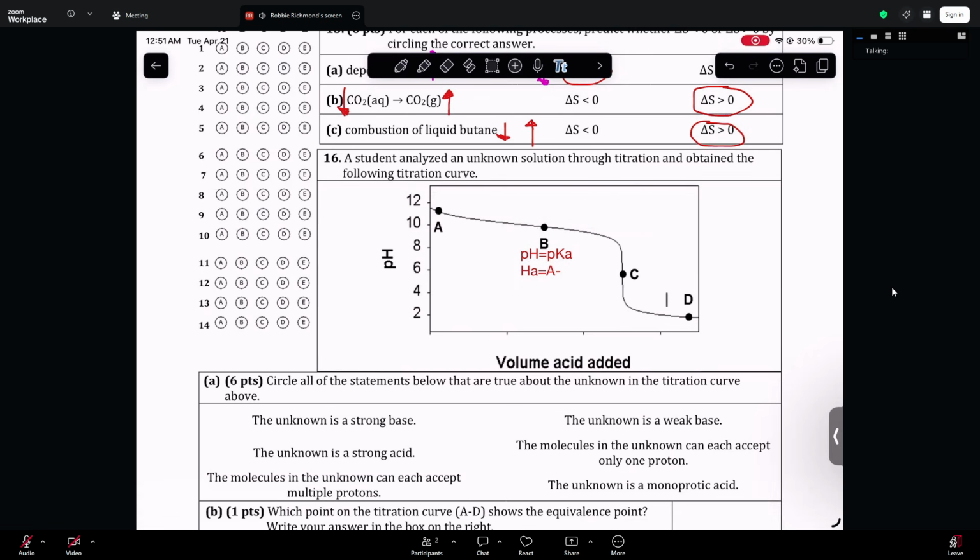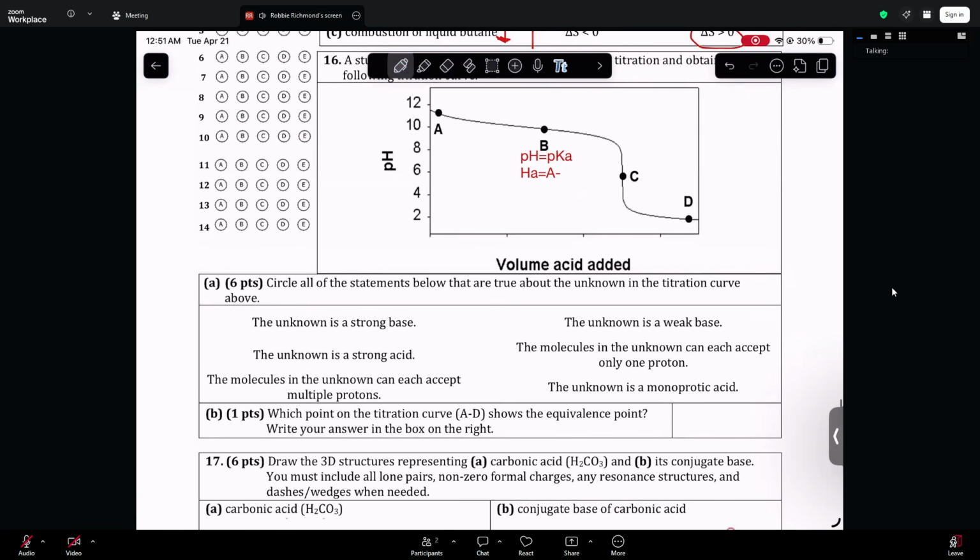And then point C is an equivalence point, that is the most vertical point of any titration curve. This is where the base added and the acid are equivalent. And then D is just at the end. All right, so knowing this is a weak base, we can already know that any statements saying the unknown is an acid are completely incorrect.